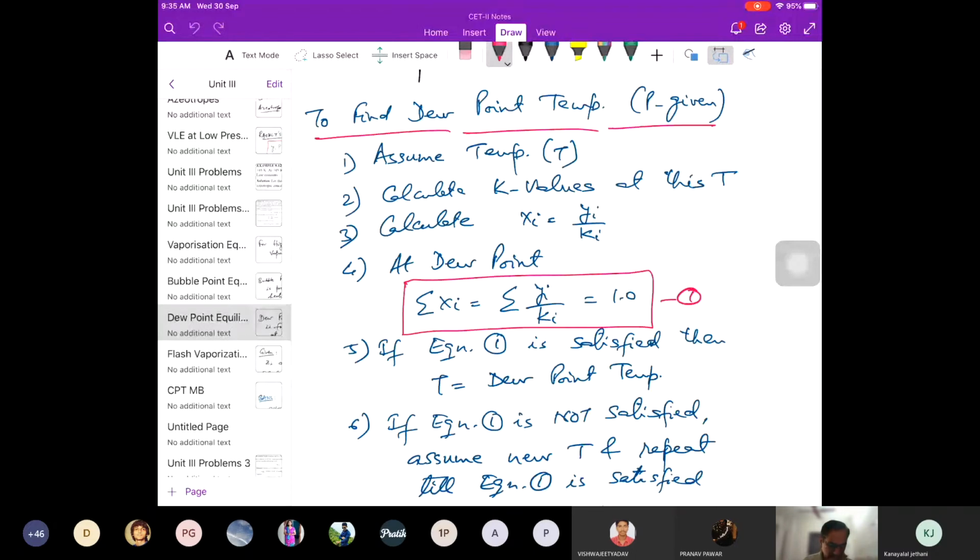इसमें क्या होगा? Suppose I find summation of xi is greater than 1. Then what should I do? Temperature बढ़ाना पड़ेगा, कम करना पड़ेगा? Who can tell me?